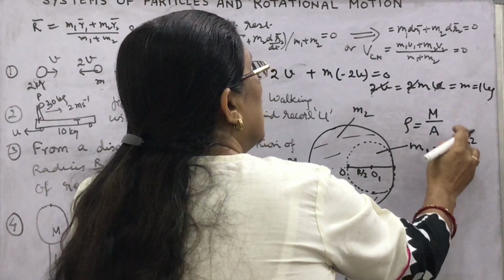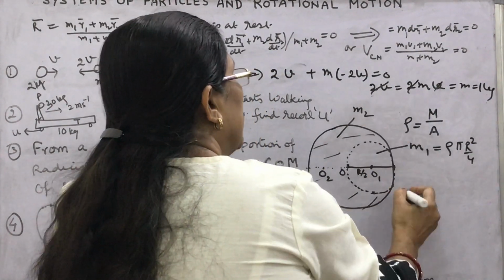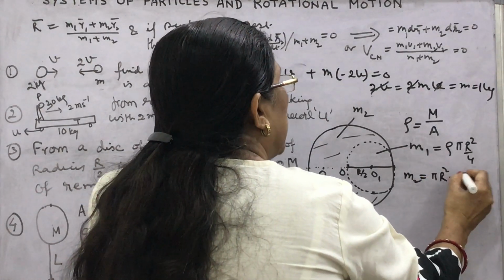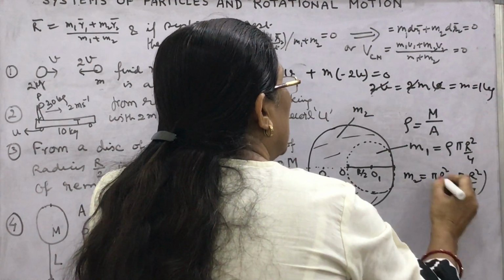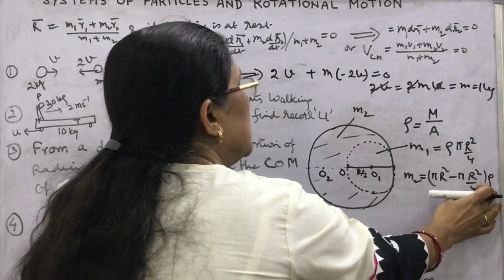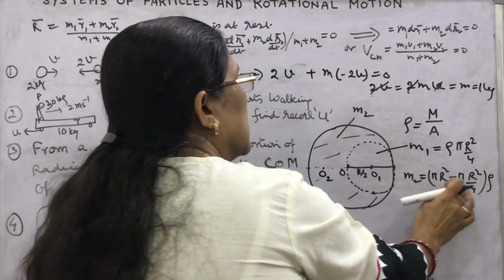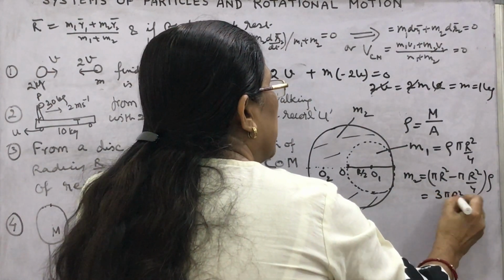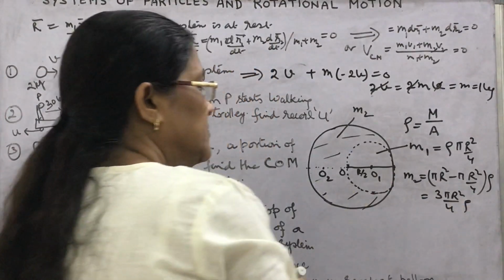This will be M1. What will be M2? M2 will be pi r square minus pi r square upon 4, times sigma. The total is pi r square sigma minus the cut portion, that is pi r square by 4 sigma. So what is left here? 3 pi r square by 4 sigma.